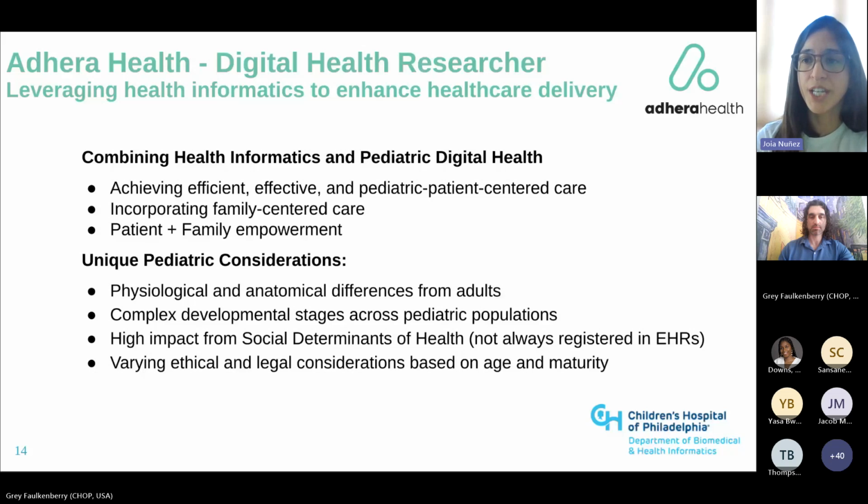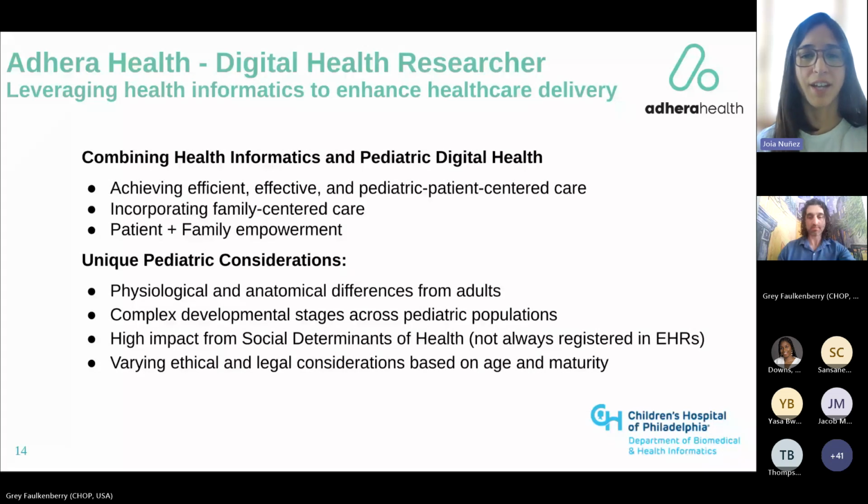So there's a lot of data from pediatric patients that might be lost at the electronic record. And also there are a lot of considerations, legal and ethical, that vary with maturity and age, and we have to be aware of that. So we apply some different strategies to address these specific considerations.